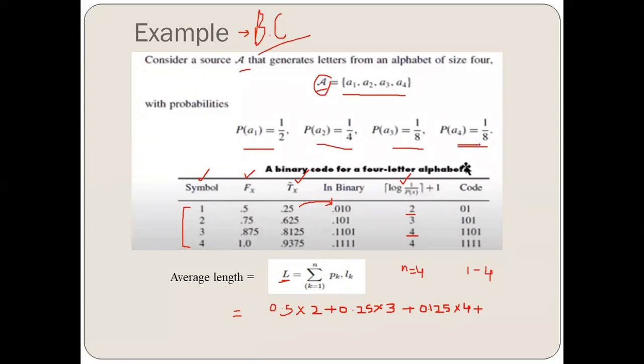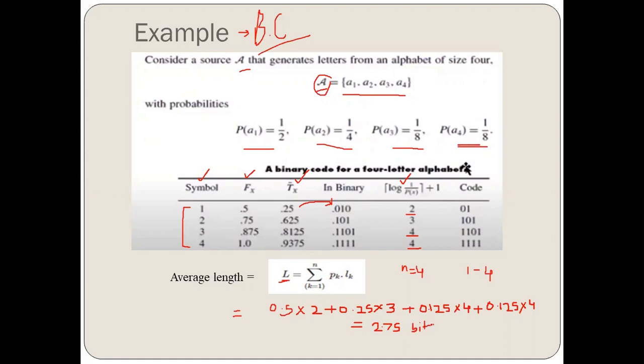The probability of A4 is 1/8 again, so it is 0.125 multiplied by the length of A4, which is again 4. So what we get is the average length equal to 2.75 bits per symbol.